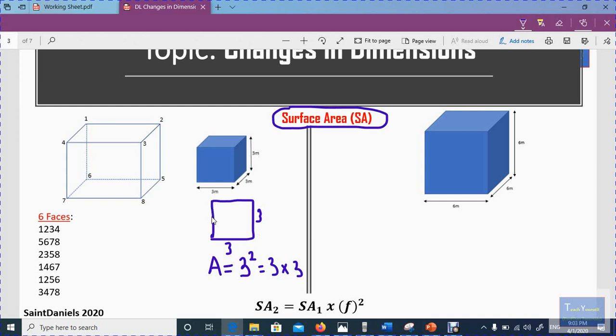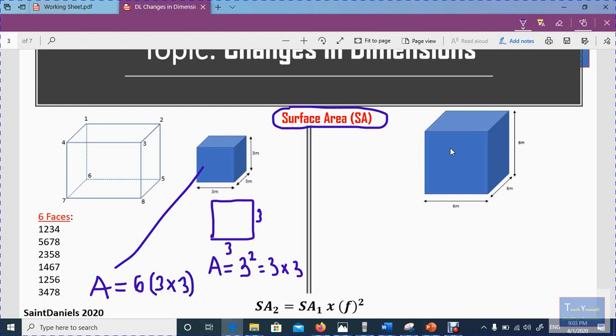That is just the area of one face of the cube. But since the cube has 6 faces, the entire surface area of the cube will be 6 times the area of one face, which is 3 times 3.